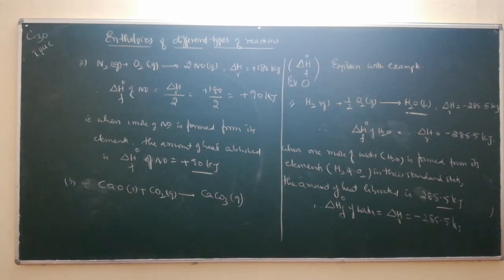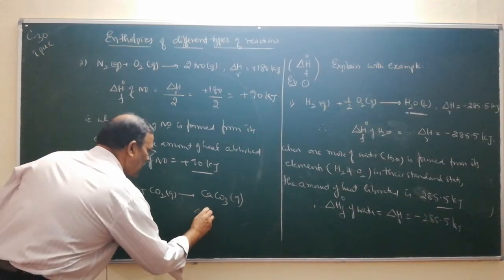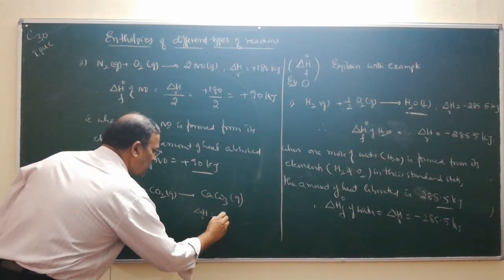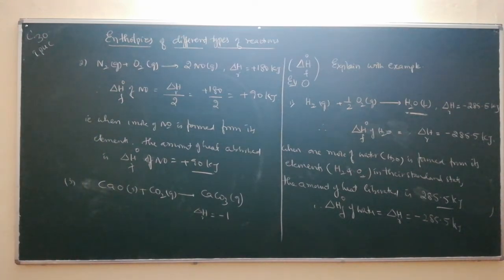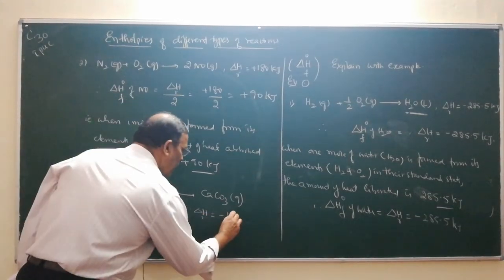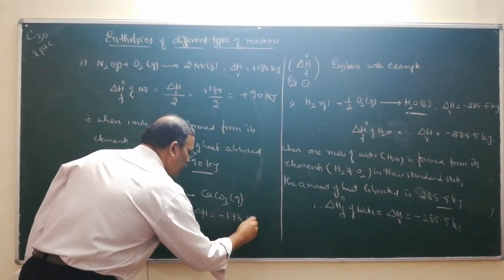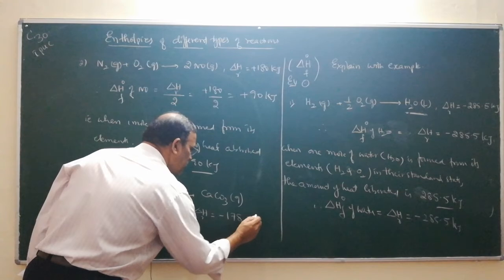Delta HR of this reaction is equal to minus 178.3 kilojoules.